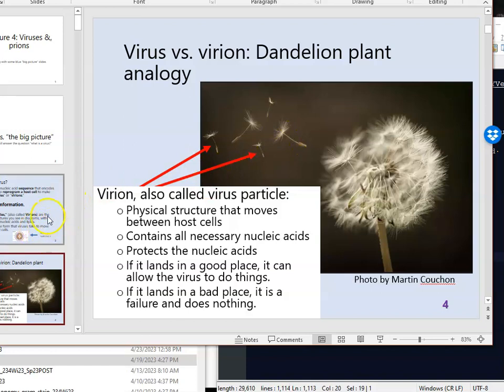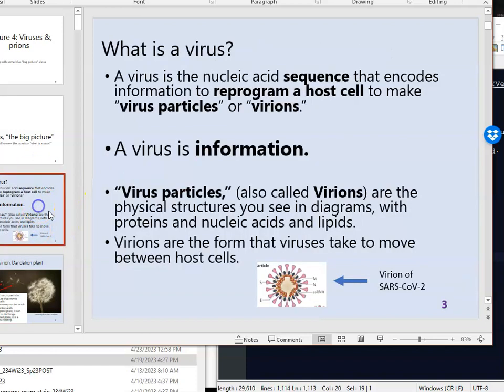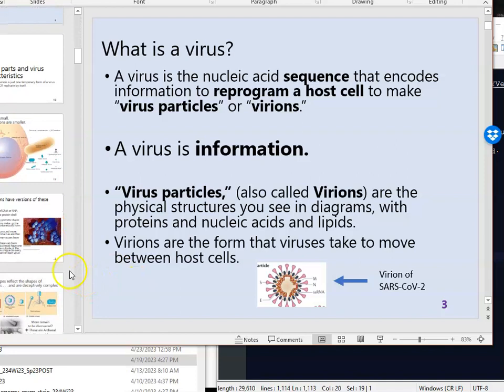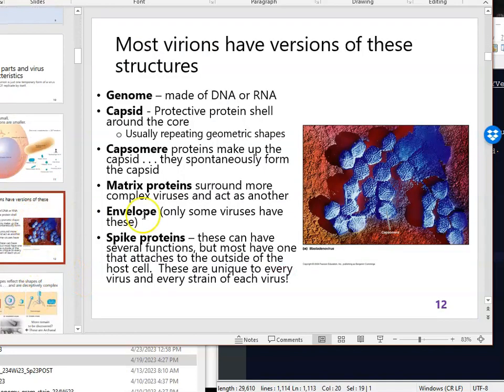So thinking about viruses as these little structures misses everything important about viruses. You have to think of both these little structures called virions and the replication cycle, what happens inside the cell. That's a virus.